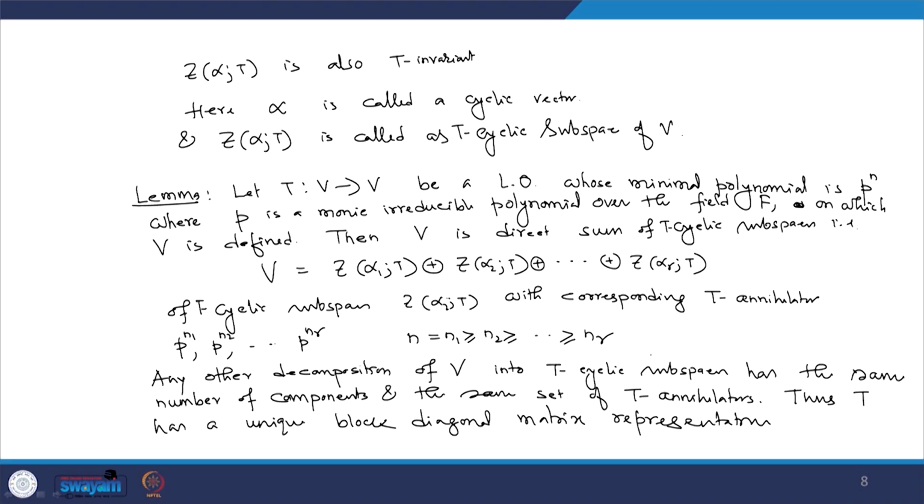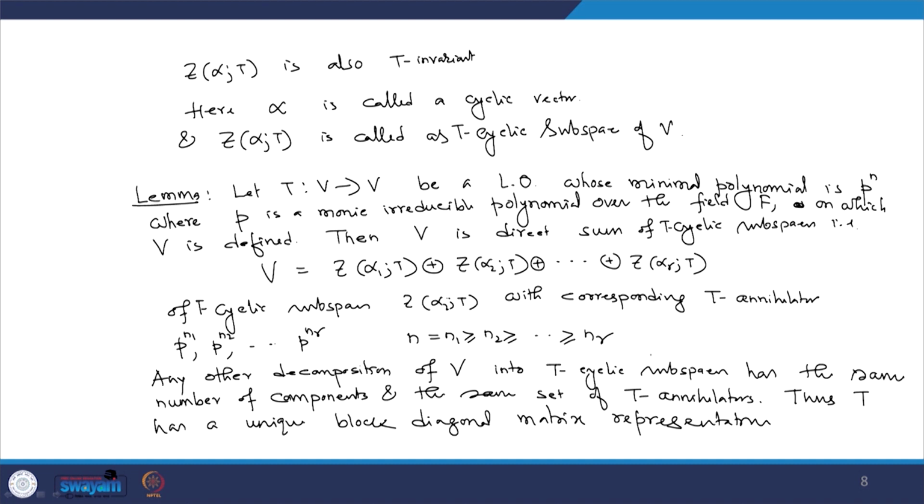So, one can have a direct sum decomposition of the space V where the subspaces are T cyclic subspaces, which are of course T invariant, and the T annihilators, I mean the least degree monic polynomials of the corresponding cyclic subspaces, are basically p to the power n 1, p to the power n 2, and p to the power n r.